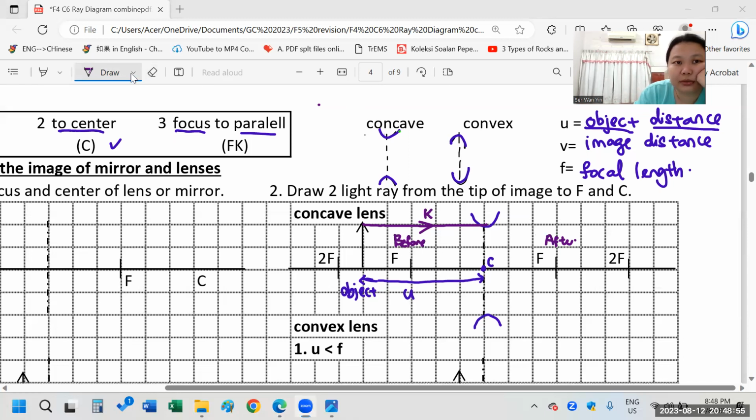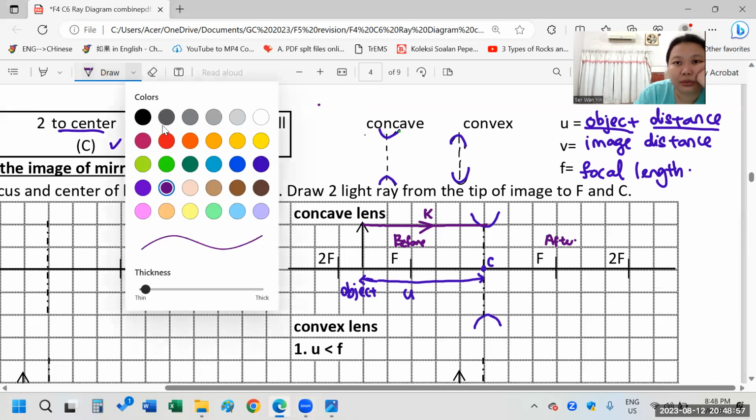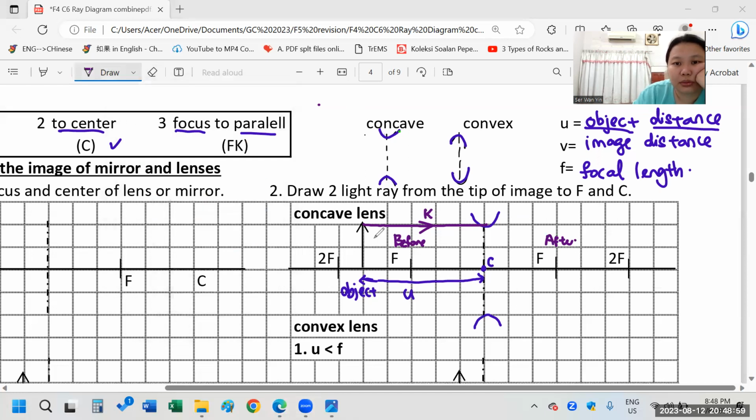Darren, thank you. Before one, after one, what else? Okay, this is a concave lens.